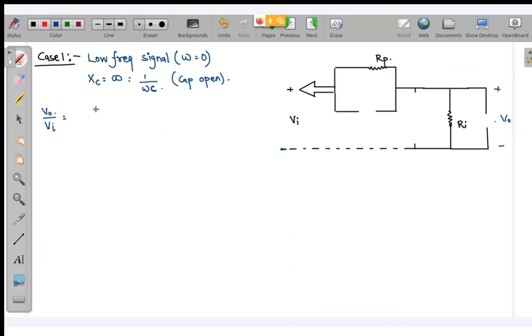Rp and Ri are in series, so it will be equal to Ri divided by Rp plus Ri. So this is the attenuation factor. Tell me, is it clear or not?